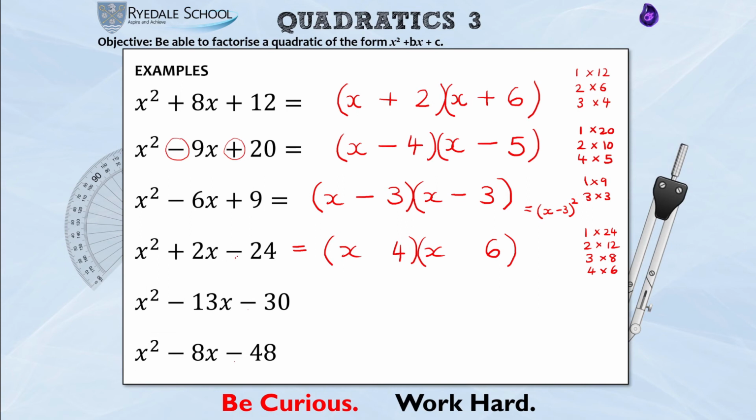I know the signs are different, but when I multiply this out, I need my outers and my inners combining to make plus 2x. How do you get plus 2? Well, plus 2 is plus 6 take away 4. If I got the signs the other way round, that sign there would be incorrect.